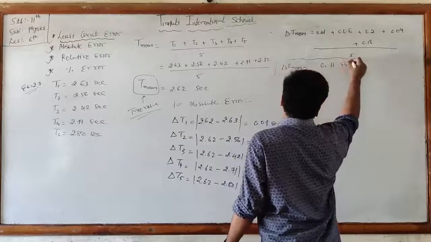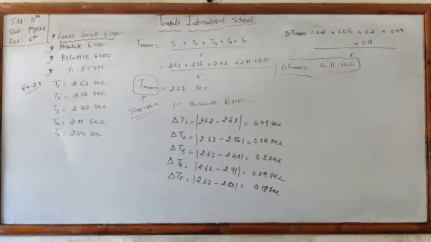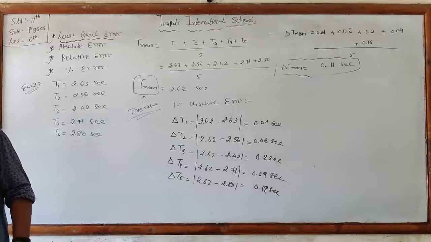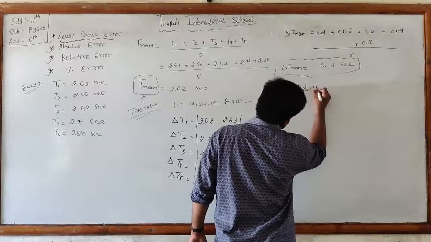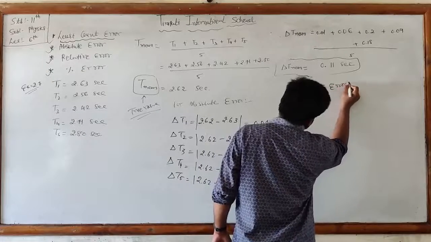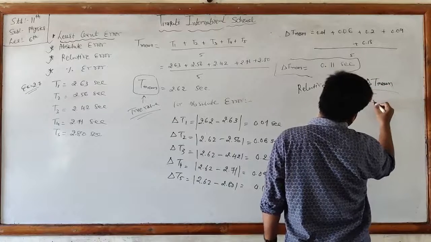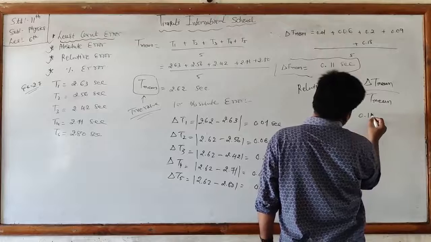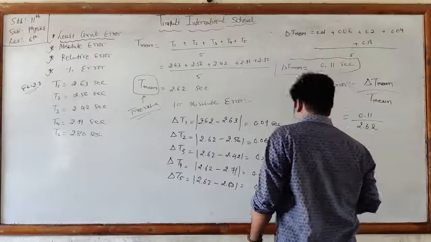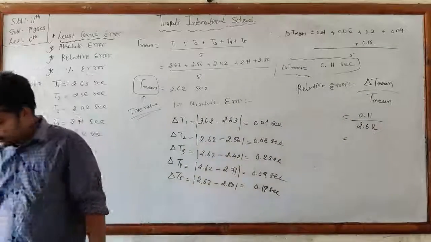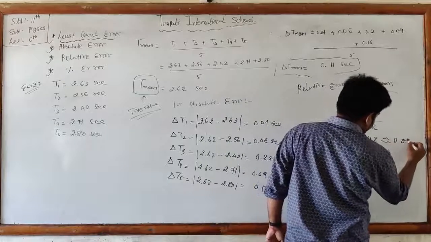So the error is only 0.11 second. Now we have to find the relative error, which is delta T mean upon T mean. Delta T is 0.11 and T is 2.62, so you will get 0.042, or nearly 0.04.